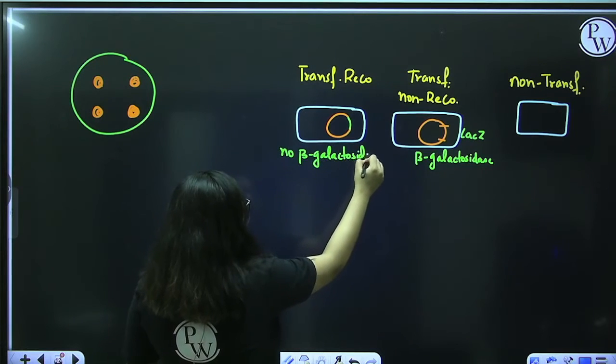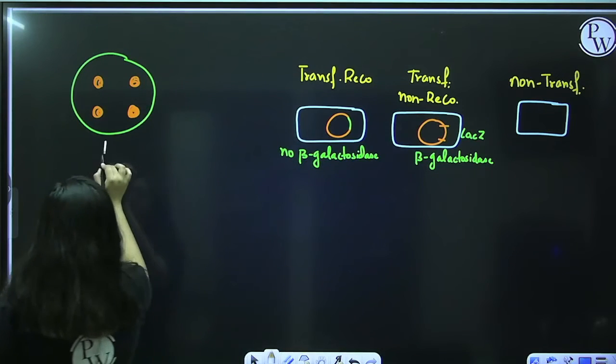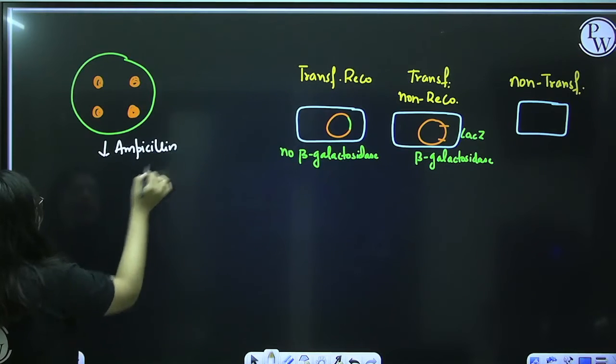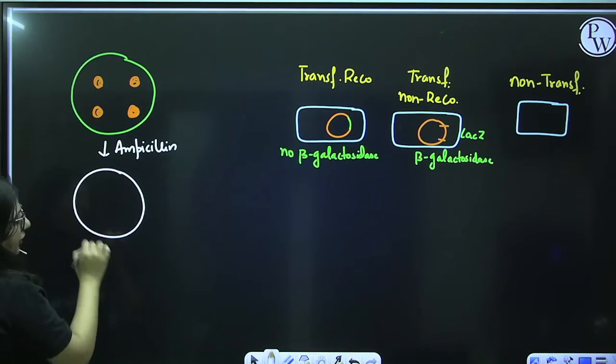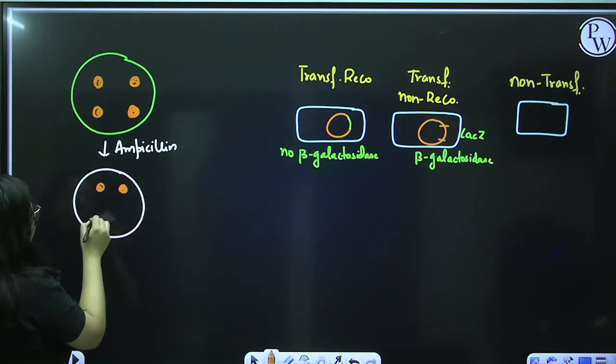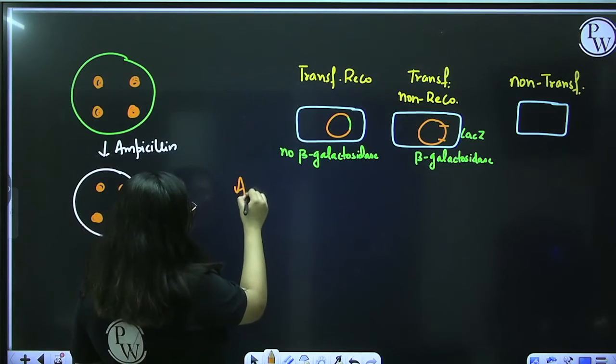I think now you are clear with this one. Now let's find this out. First of all, we will add ampicillin in this one. When we add ampicillin, all the colonies which will survive are those which have the plasmid. So first we added ampicillin antibiotic.